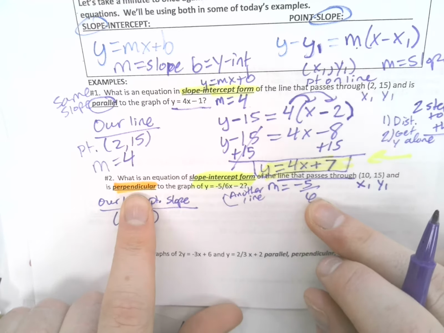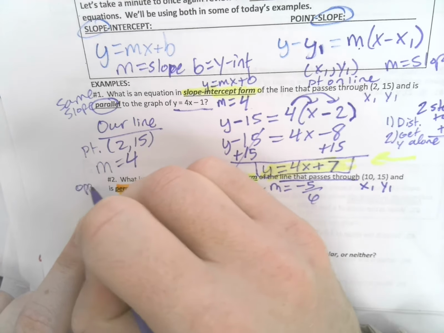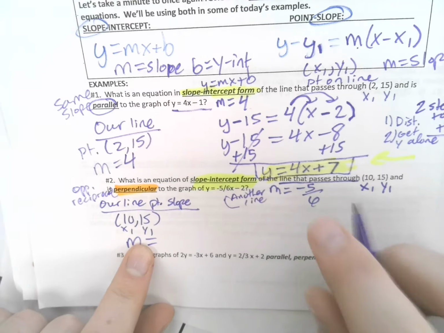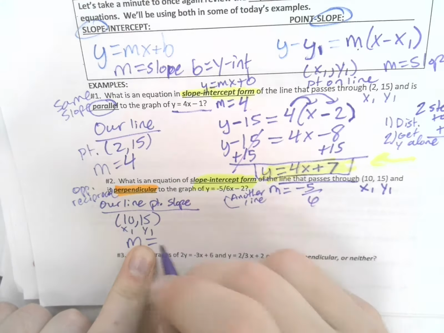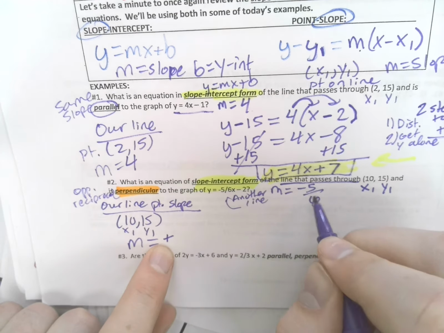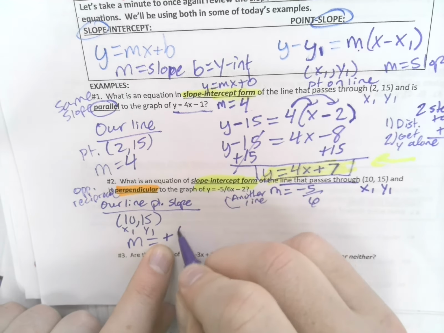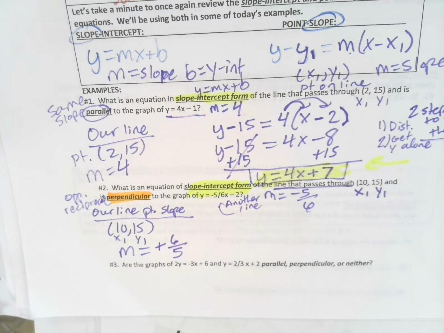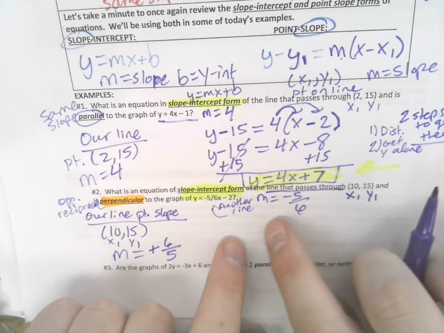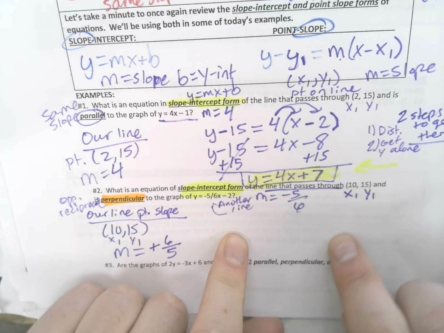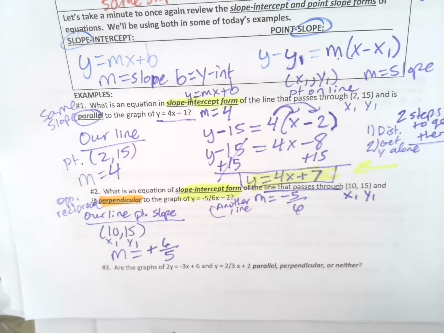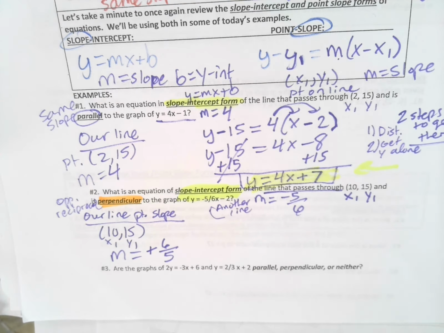Now, our slope is the opposite reciprocal of that. So in other words, if this is a negative, our slope is going to be a positive. And if it's 5 over 6, our slope is going to be 6 over 5. And so I'm going to let you guys see if you can create the equation and then work it down into slope-intercept form. Go ahead, guys. Give me your best shot. See if you can finish.